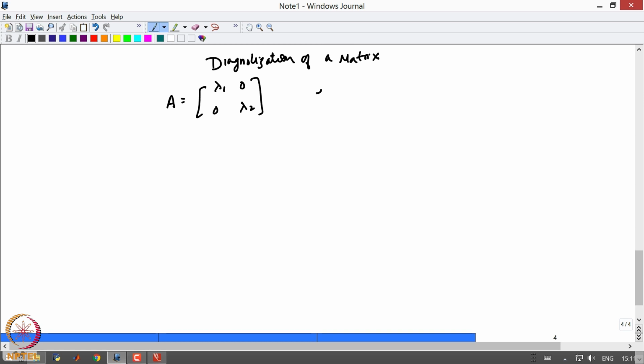It is easy to verify that e power A t in this case is simply a matrix which looks like this: e power lambda 1 t, 0, 0, e power lambda 2 t. Now, I know that if A is not in a diagonal form, I can convert it into a diagonal form.